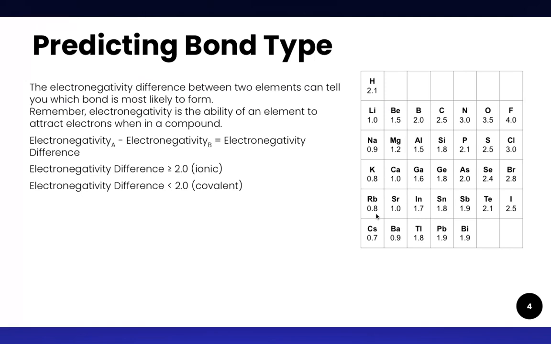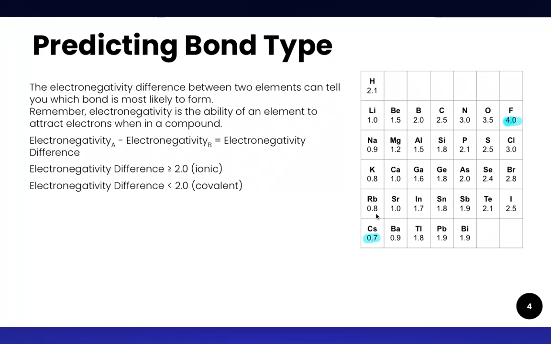So notice that fluorine's electronegativity value is 4 because it pulls very strongly. It is the most electronegative atom, whereas cesium's electronegativity value is just 1. Remember that cesium is a group 1 element, meaning it has 1 valence electron, so it is not pulling more electrons toward it. It mostly just wants to get rid of that electron.